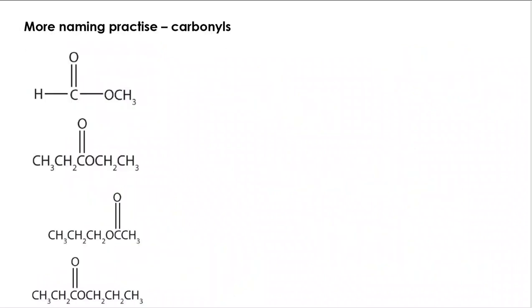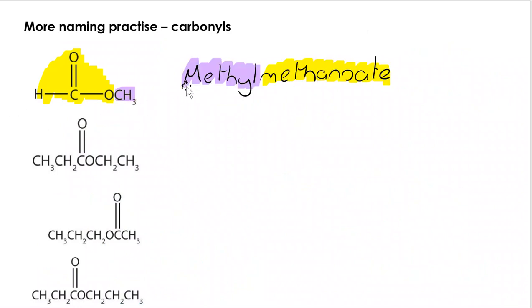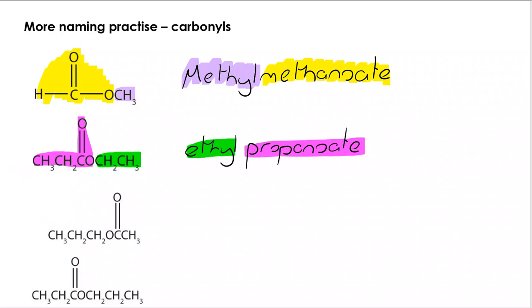What would these be? And we have got a methyl group, and we've got a methanoate ion, so methyl methanoate. On the second one, I've got an ethyl group, and I've got propanoate, so it's ethyl propanoate. On the next one, be really careful, because this has been drawn the opposite way round.